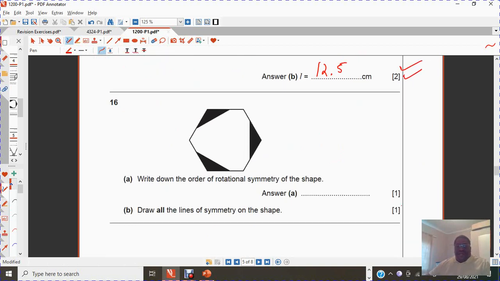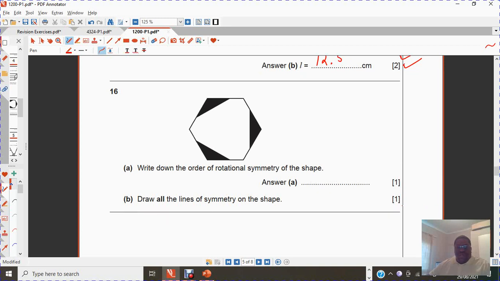Right, this one is asking you to write down the order of rotational symmetry. So let's suppose its center is somewhere here. And the order of rotational symmetry is like you have to turn this thing 3 times in order for it to look exactly the way it has to.